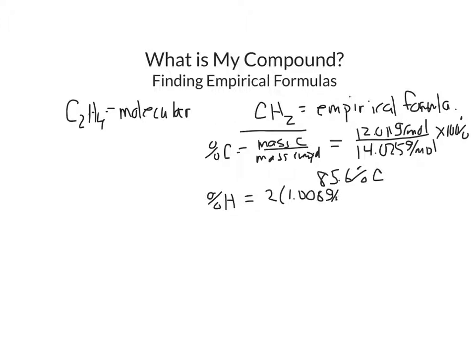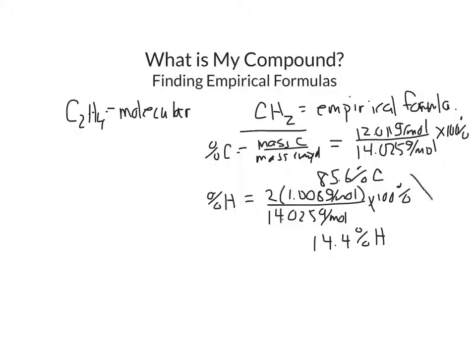So 2 times 1.008 grams per mole divided by the mass of the full formula, 14.025 grams per mole, and then of course times 100%. And I would find that I have 14.4% hydrogen. Now notice that these 2 things add up to 100% as they should.